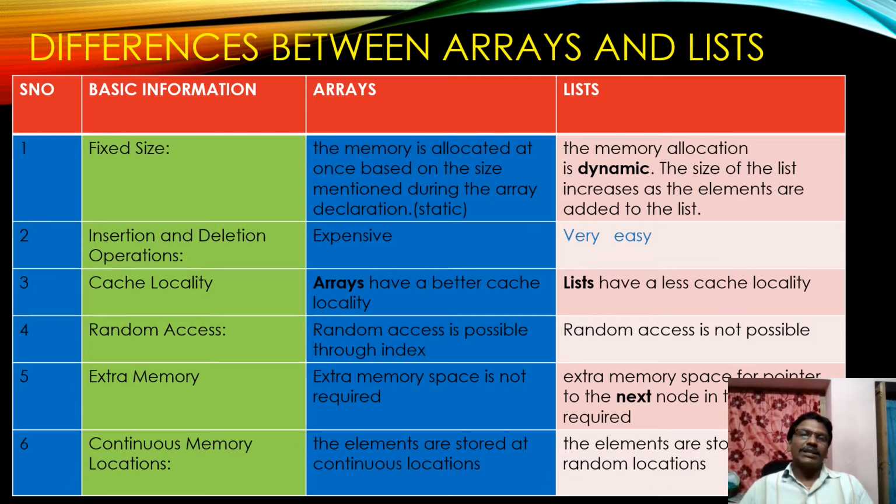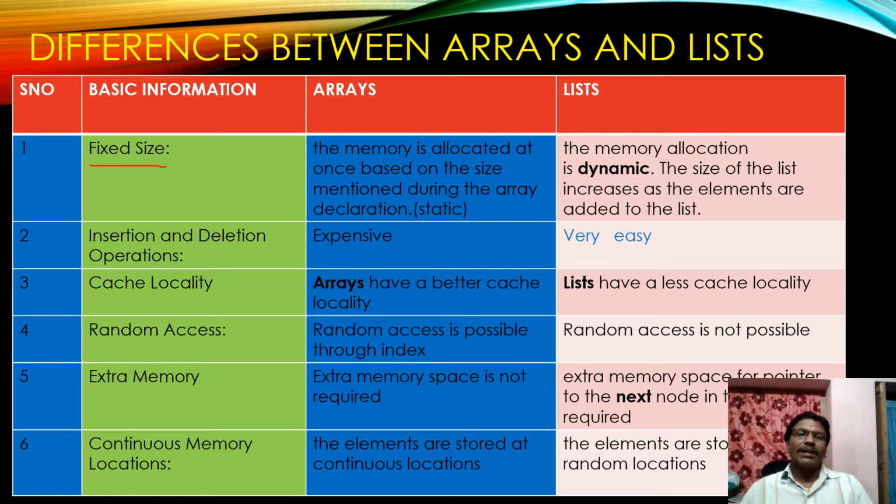The first one is fixed size. In an array, the memory is allocated at once based on the size mentioned in the array declaration. That is called static.